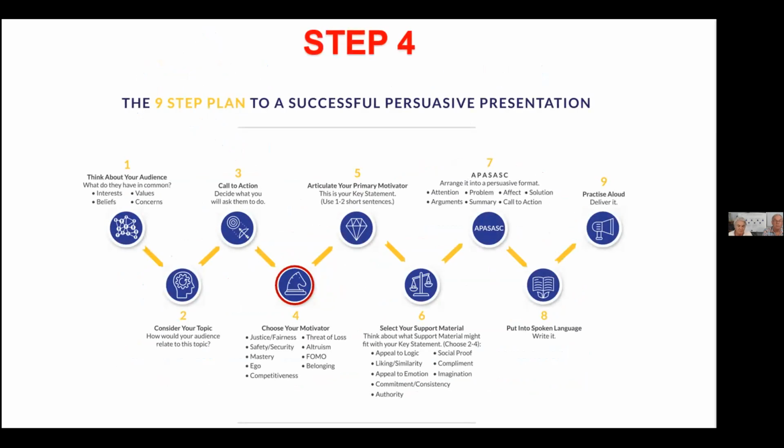And step 4 are motivators. Now, Kevin and I have done quite a great deal of work in establishing what might be some key motivators. We want to take you through a number of those right now. There are a huge number of motivators. We've researched all of the persuasion and influencing research that's been done over the last 50 years, but we've also gone back 2,500 years, haven't we, Adrian? We have. To Aristotle.